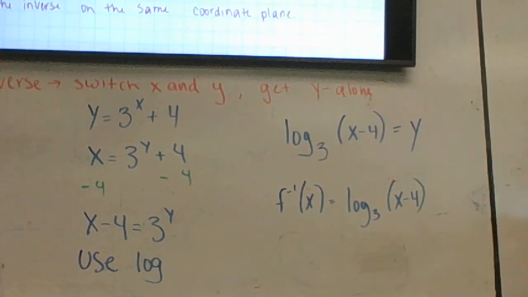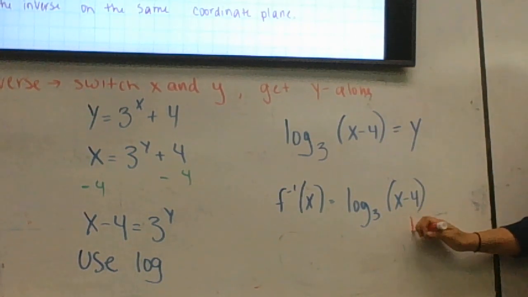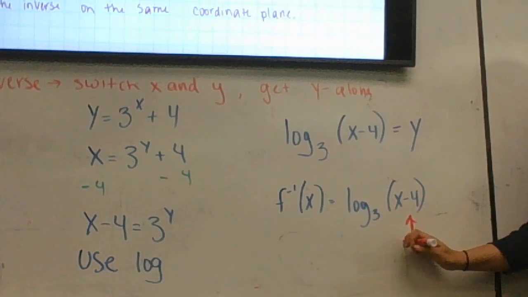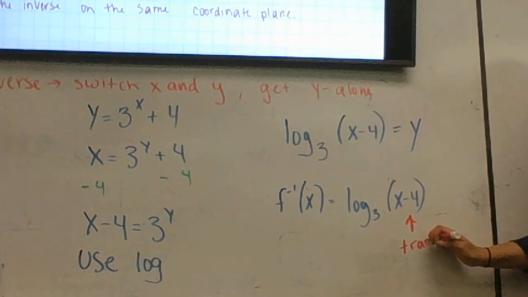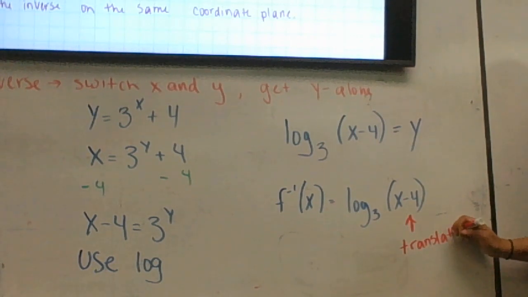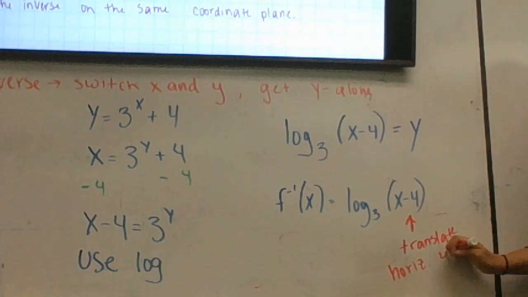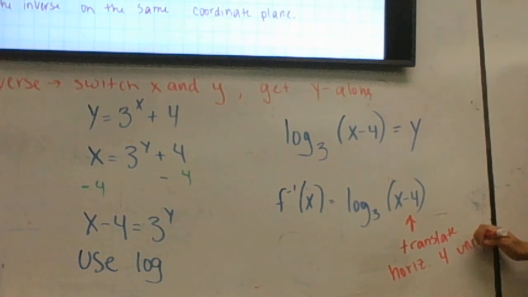The transformation here, because there's a -4, is we're going to graph log base 3 of x, and then we're going to go right 4. And we graphed log base 3 of x on Wednesday. We've already created that graph. So we're going to make that same one and move it right.